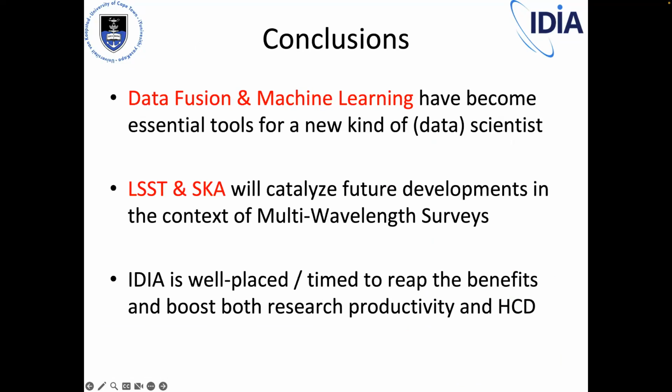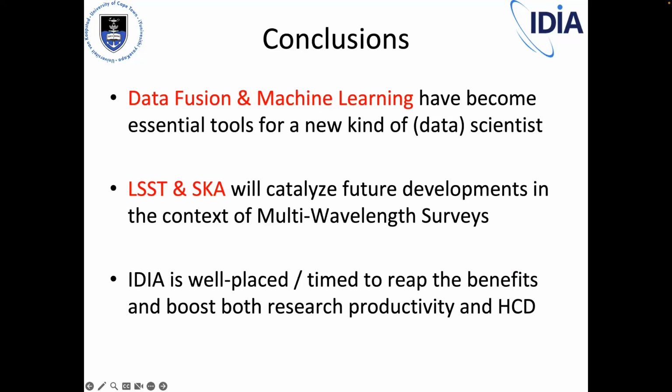So, conclusions, before I get on to something hopefully a little more practical: data fusion and machine learning are essential tools for a new kind of scientist, which increasingly resembles a data scientist, not unlike when people had to learn to type their manuscript in LaTeX.